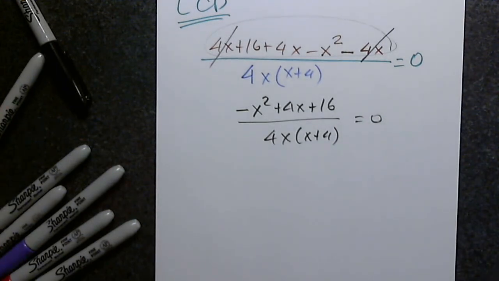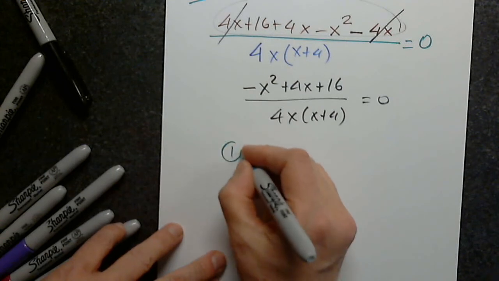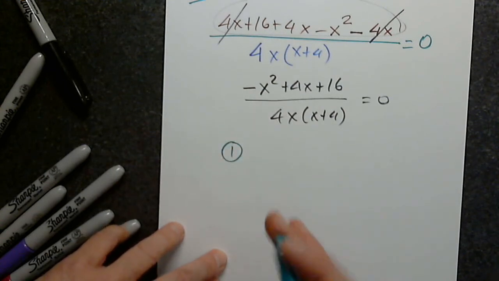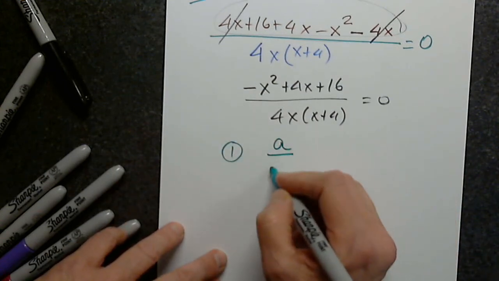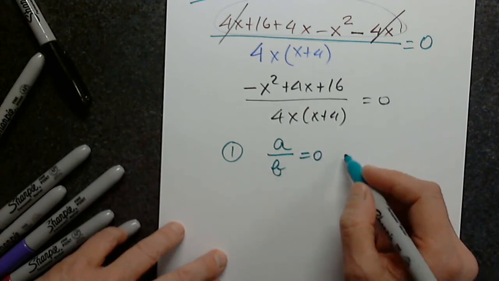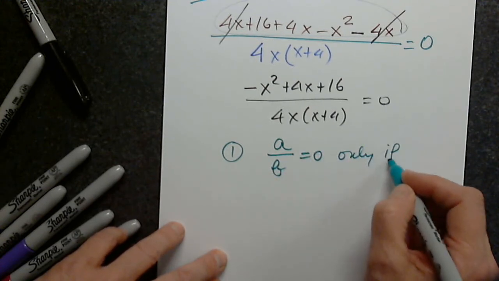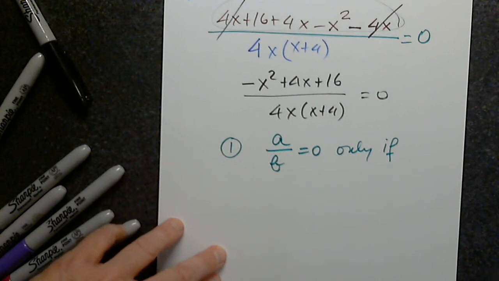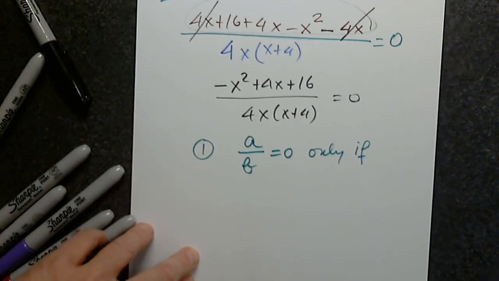Okay. Now I have two options. Option number 1 is to say a fraction is 0 only when what? What has to happen for a fraction to be 0? A or B equals 0? If b is 0, we're in big trouble. A equals 0, excellent.